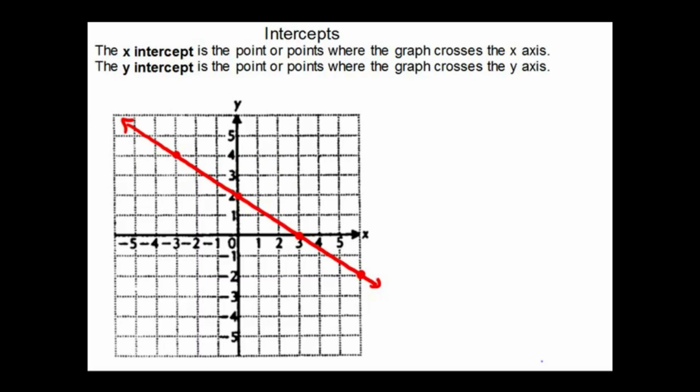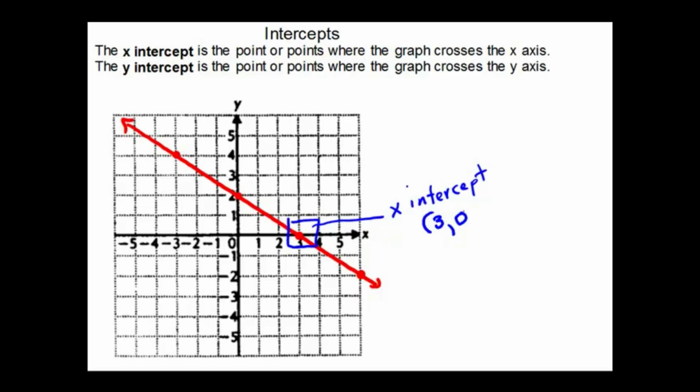First, the x-intercept is the point where the graph crosses the x-axis. So it is this point. The coordinates of the point are 1, 2, 3 on the x and 0 on the y.